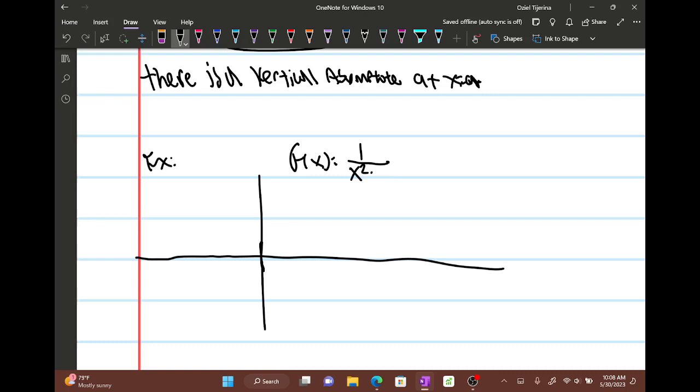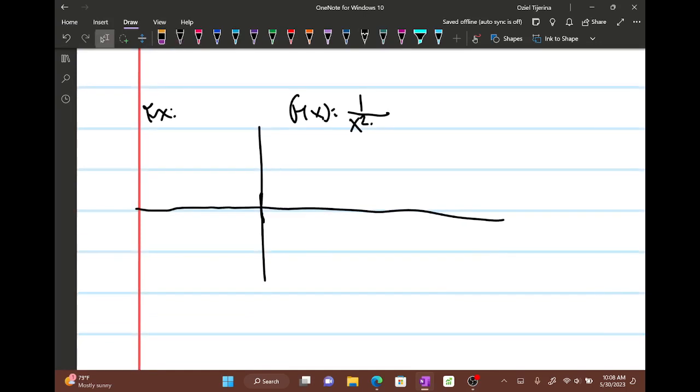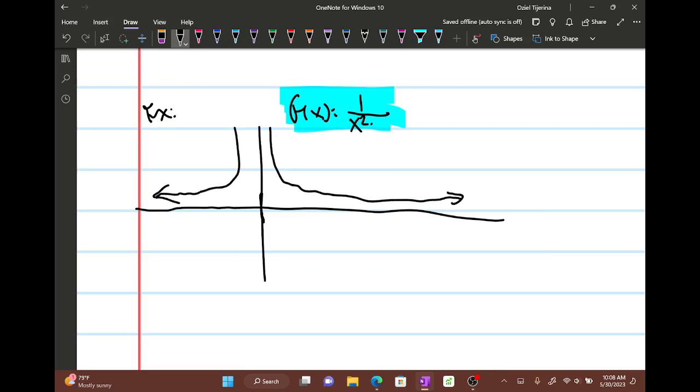Now, the way that this function looks, and I'm going to sketch it for you guys, is it looks kind of like a mountain, or a volcano shape kind of thing. So basically, this is the function f of x.